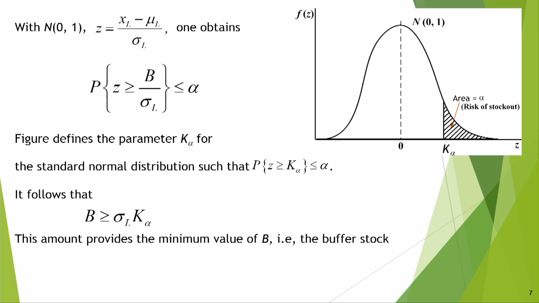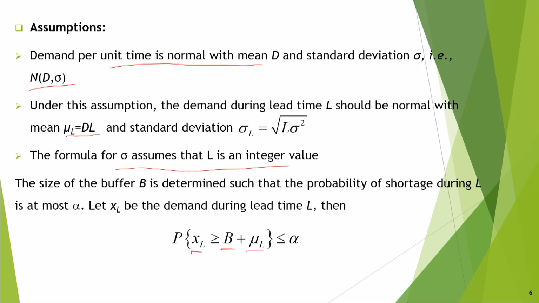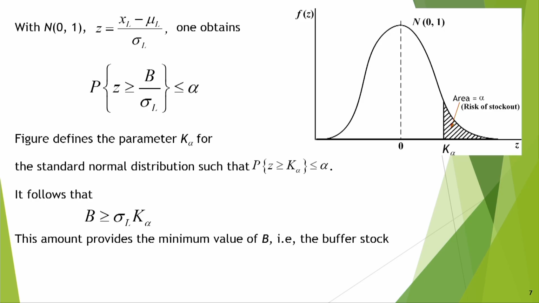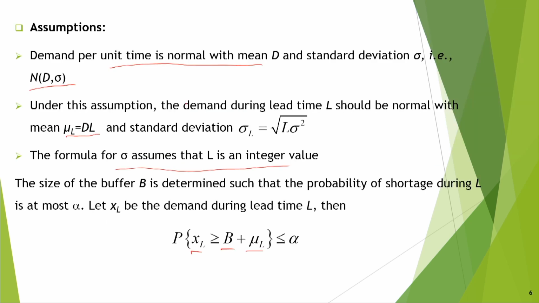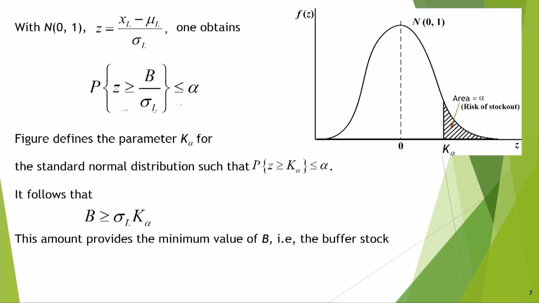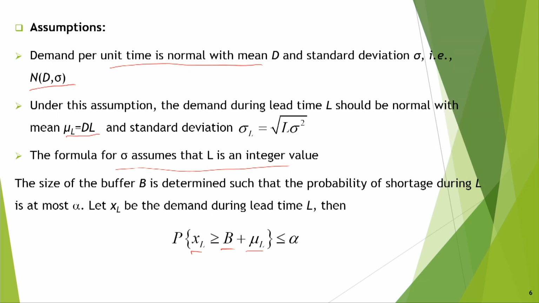So in terms of the Z parameter, the probability that XL is greater than this thing becomes Z greater than B by sigma L. It is just a simple transformation, because XL should be greater than or equal to B plus mu L, that is what was written.